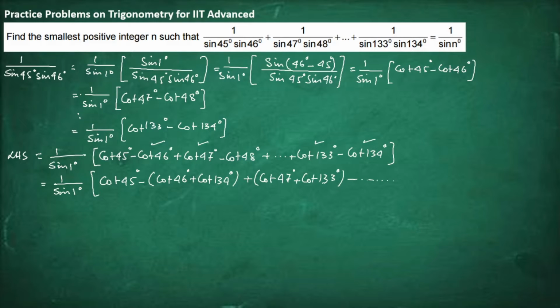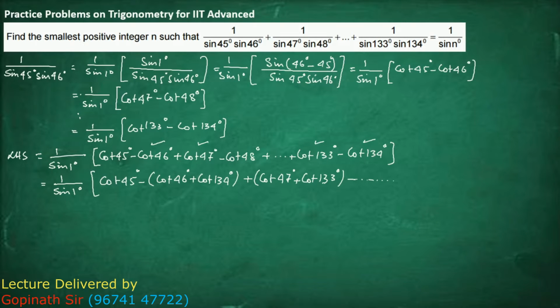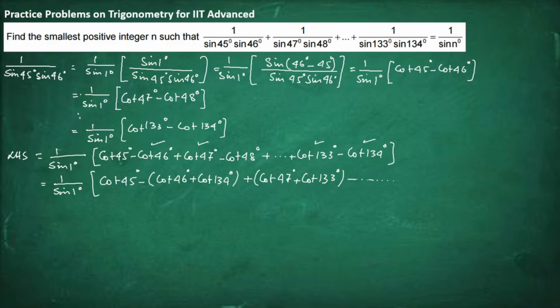You see, from cot 46 degree to cot 134 degrees, there are how many number of terms? It is 89 number of terms are there, right? So leaving the middle term, since there are 89 terms, there will be one middle term, right? And if there is one middle term, just leave that middle term, and then you combine the terms from the last and from the first.